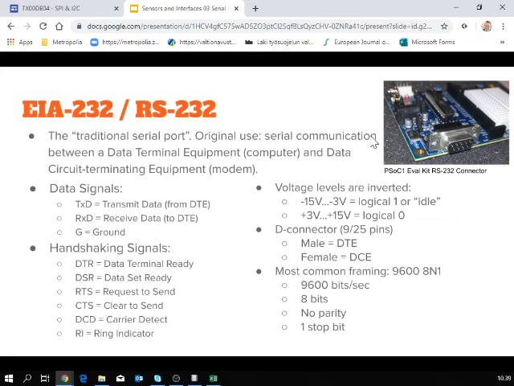Just like in this board, actually, this programmer has the USB UART bridge, meaning that when you plug it into the computer, it opens the old-fashioned serial port driver.